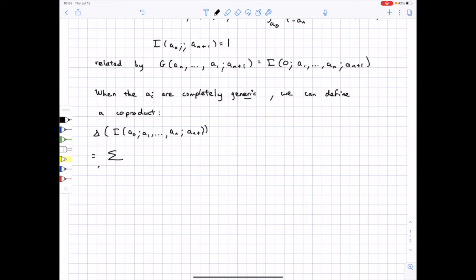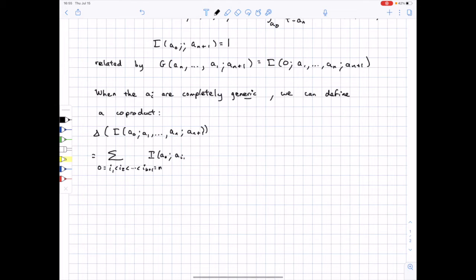And now we take a selection of indices. So we're going to be summing over values of the indices in between 0 and n, so i1 less than i2, strict inequalities here, up to ik. So we're choosing, in a way, some subset of indices, and we take those in the middle of the I on the left side.